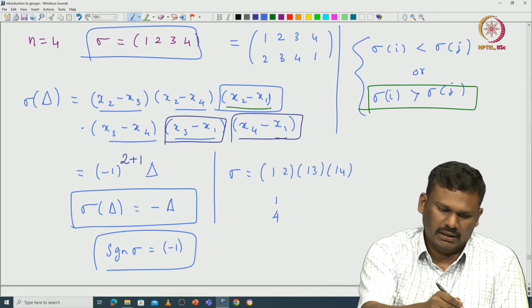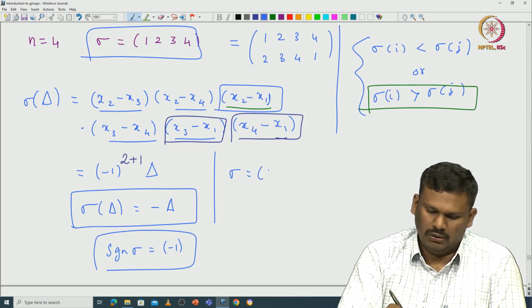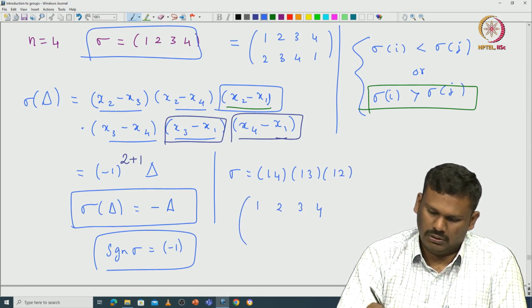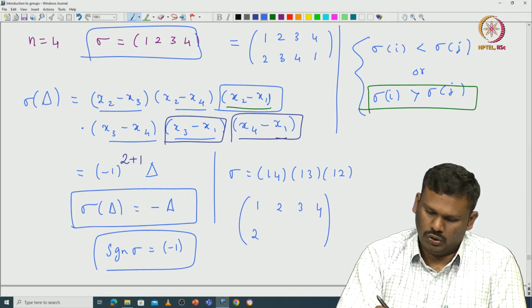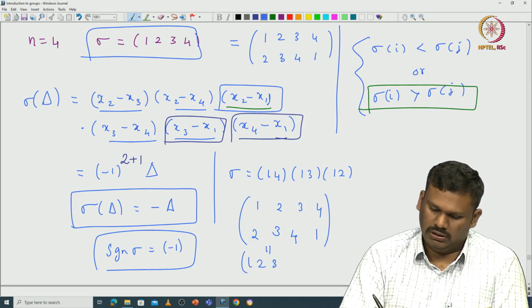So I should write it in the reverse order. So 1 4, 1 3 and then 1 2. Then you can see that 1 goes to 2, and 2 goes to 3, 3 goes to 4, and 4 goes to 1. Okay, so this is your 1, 2, 3, 4 permutation.